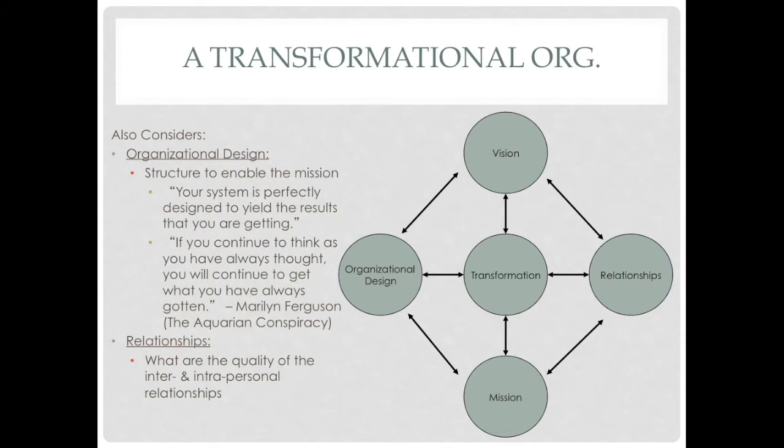And that could be a positive result or a negative result. It could be good organizational behavior or negative organizational behavior. And I think those parts that you can see on the illustration here of a transformational organization, which includes its vision and mission, but also includes its organizational design, and lastly, the relationships, which are the quality of the interpersonal and intrapersonal relationships. All of those things go into forming a transformational organization.